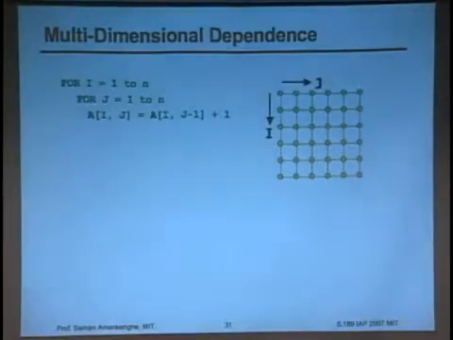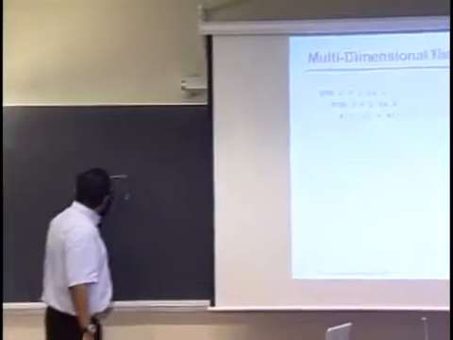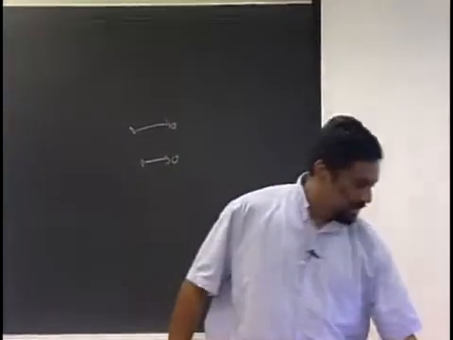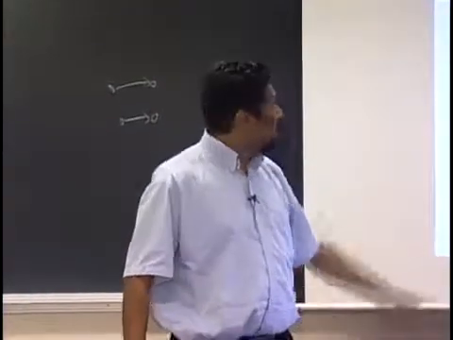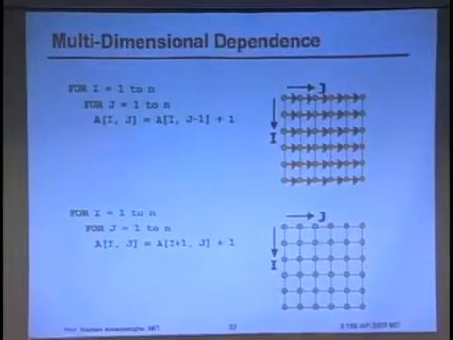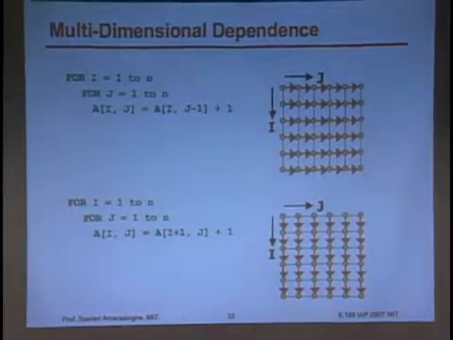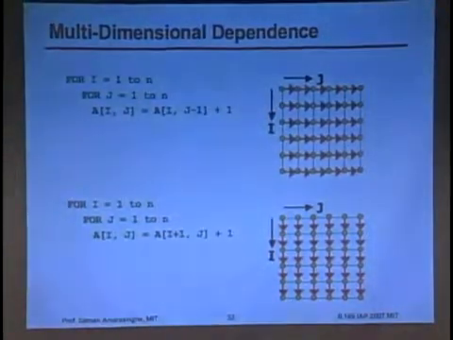Which direction are the arrows going? You have something like this, because there's j minus 1 where the i's are the same. Of course, if you have it the other way around, the arrows go the other direction, and one is anti and one is a true dependence. So you can figure that one out.